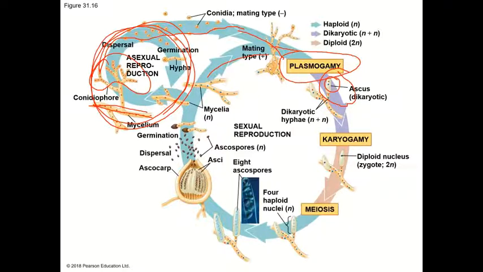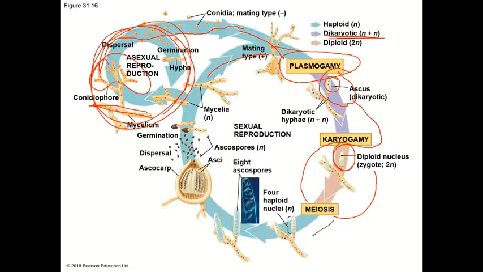So it's still dikaryotic, which is the equivalent of heterokaryotic in this case. Later on, the two nuclei fuse. As you can see here, there's only one nucleus now inside the ascus. That's the process of karyogamy. And this is the only stage, the one in pink, that's diploid or 2N.